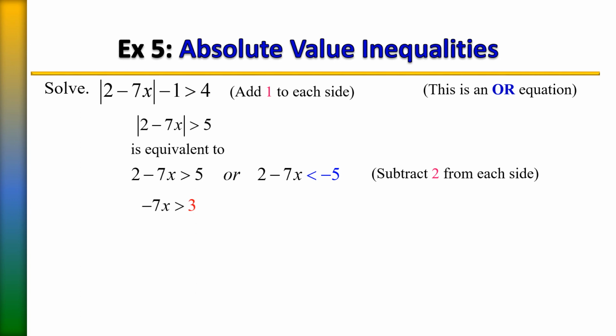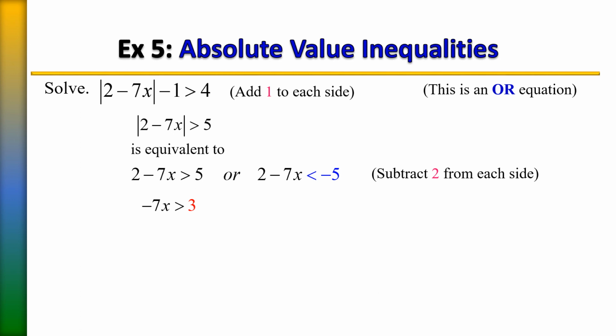Now, the next step then is to divide by -7. Anytime you have to divide or multiply by a negative in order to get your answer, you must reverse the symbol in the opposite direction.